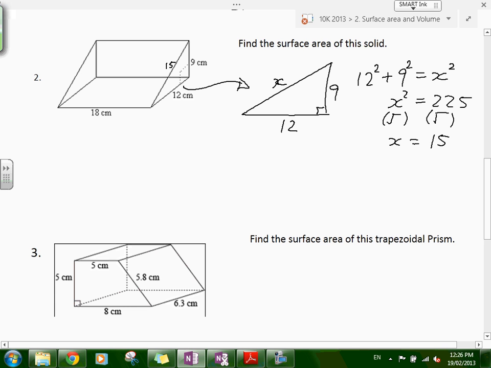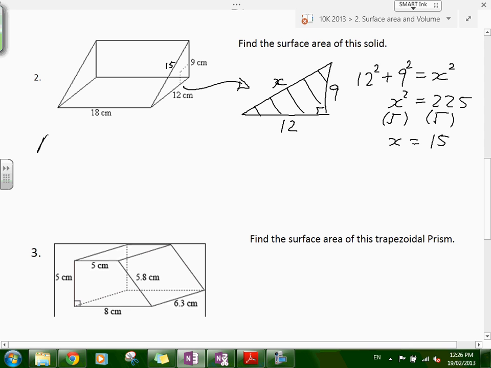The other thing is, how do I work out the area of this triangle? How do I get the area of the triangle, Millie? No, that's to work out x. So what's the area? How do I work out the area of the triangle? Alex. Good. Half base times height.